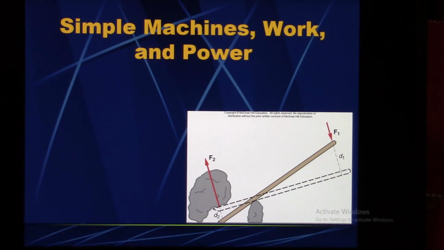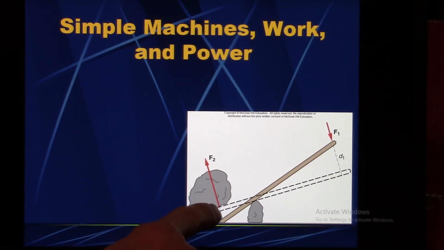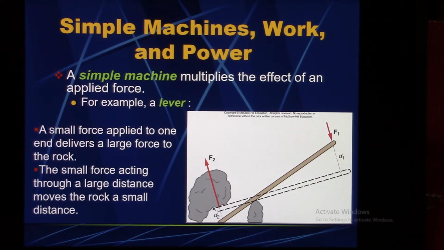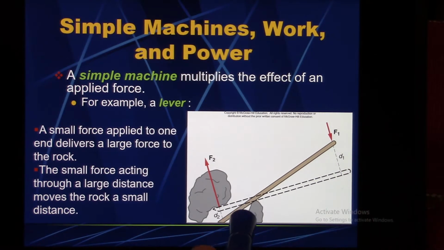And then we've all used a crowbar, or you've used a screwdriver to pry something, right? So it would be difficult to lift this heavy rock, but if you use a long lever, then you can do it more easily, right? A simple machine. So you're thinking, how does that happen?